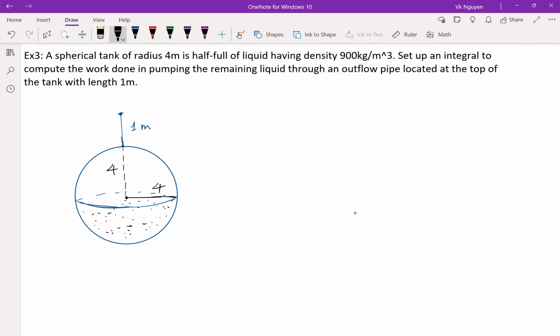So in order to pump out all the liquid, we're going to take a look at the work done to pump a sample slice. Sketch our sample slice. This is the sample slice here.